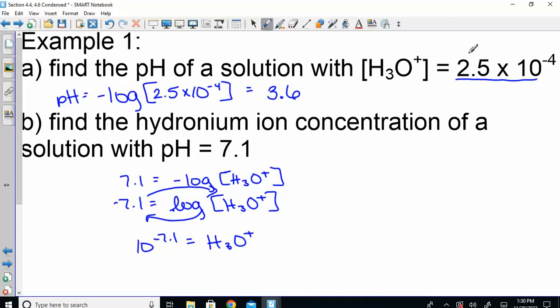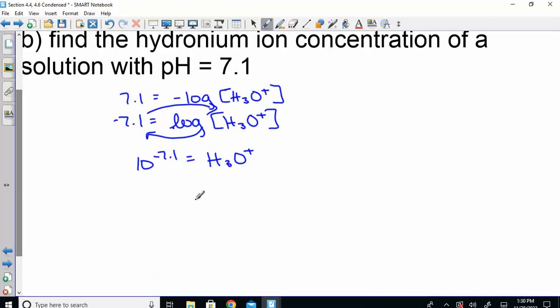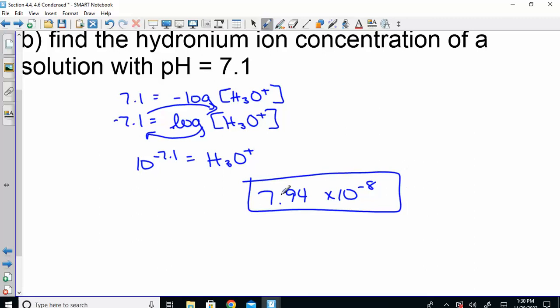You'll notice, like on part A, when I gave you one, it was in scientific notation. Your calculator gives you 7.94, with several decimals, and then at the end it has E-8. That means times 10 to the negative 8. So I'm just going to write it like that.